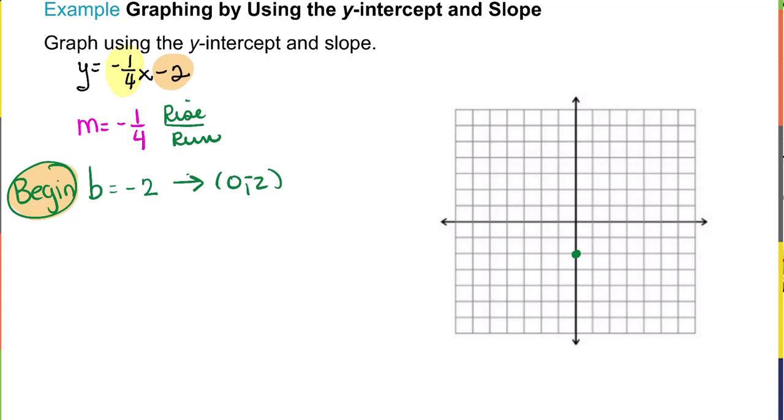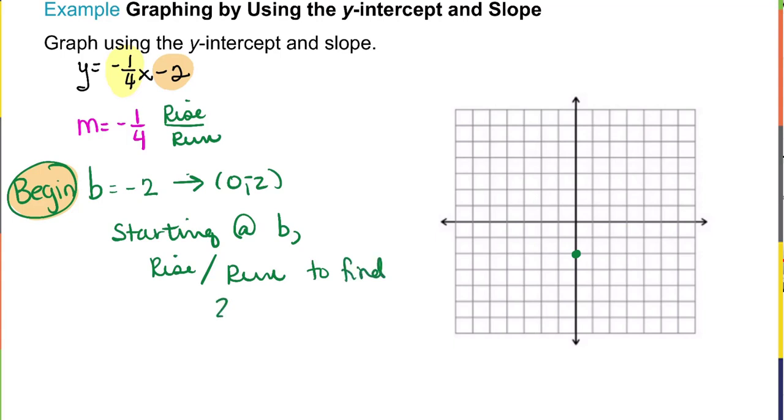So what you do is, starting at b, use rise over run to find the second and third points.